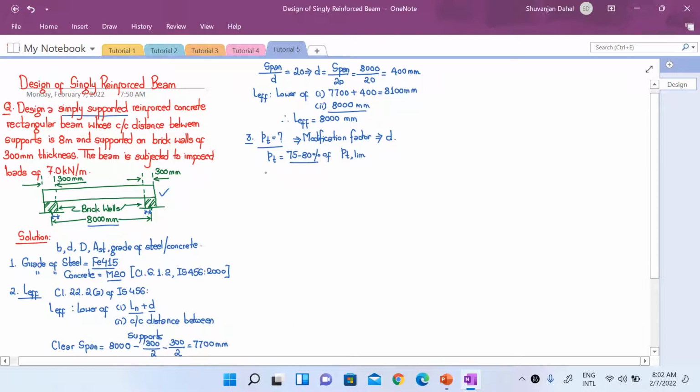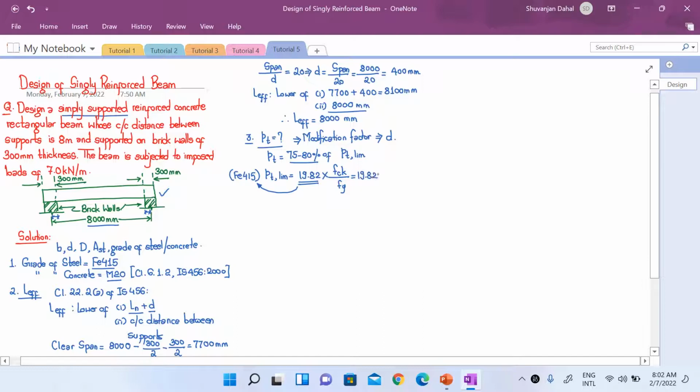To determine the value of pt limiting, we have discussed in our previous lectures that for the Fe 415 grade of steel that we have assumed here, pt limiting is given by 19.82 into fck over fy. This coefficient depends on the grade of steel that you are choosing. So this 19.82 is for Fe 415.